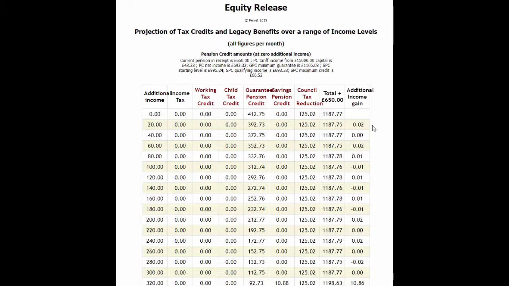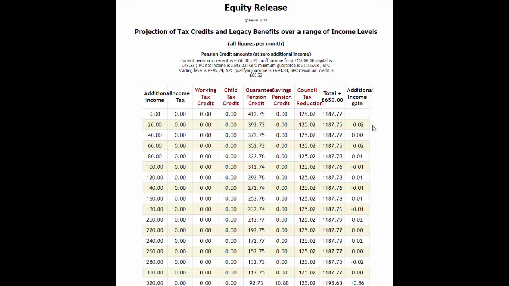So when I take £20 of income from an equity release scheme, it reduces my benefit by £20. There are some little rounding figures showing on the tables which should be disregarded.